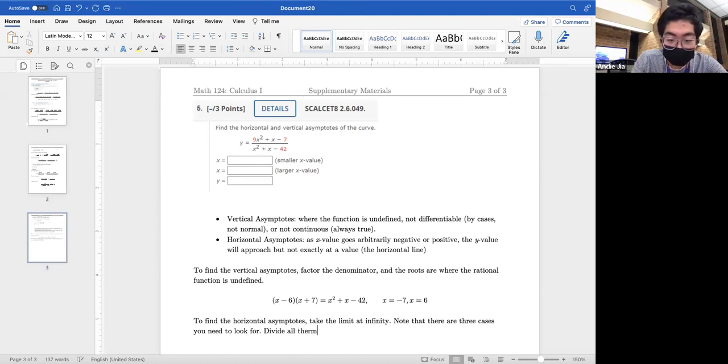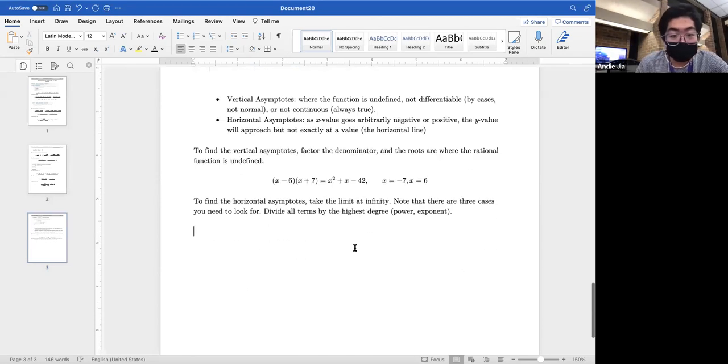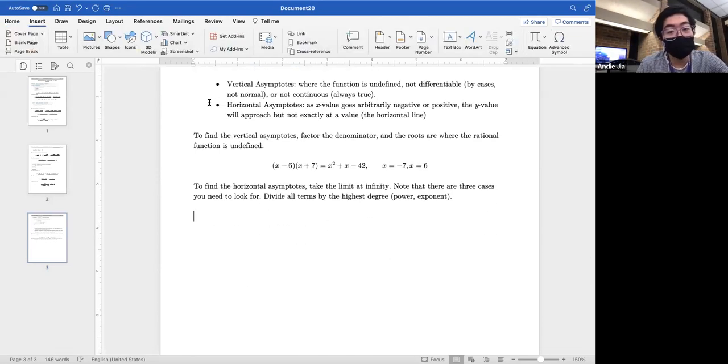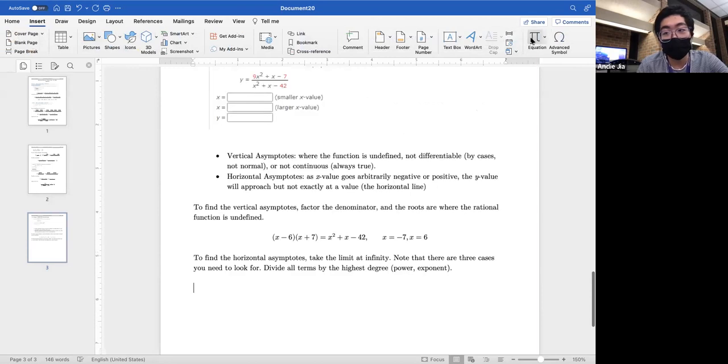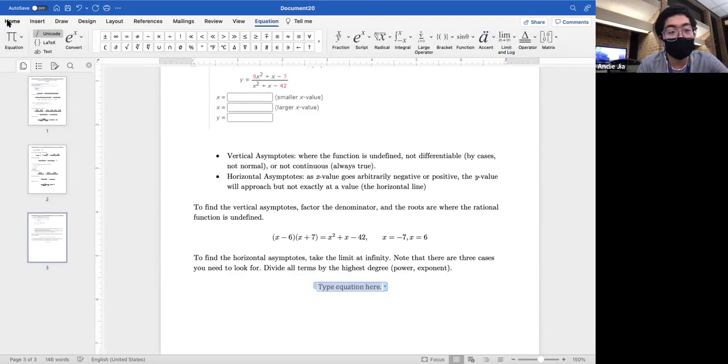Divide all terms by the highest degree power exponent. So in this case, the highest power is 2, so we take the limit at infinity here.